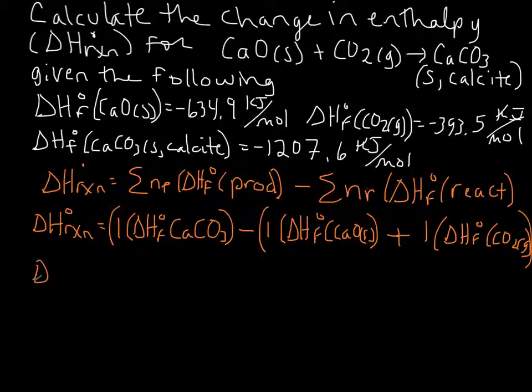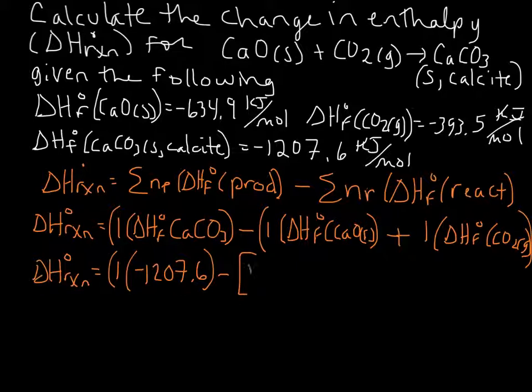All right, so delta H reaction is equal to 1 times negative 1207.6 kilojoules per mole. Okay, I'm going to leave off the units for room, but let's just remember to put them back on at the end. Okay, and then now we're going to subtract off our reactants.